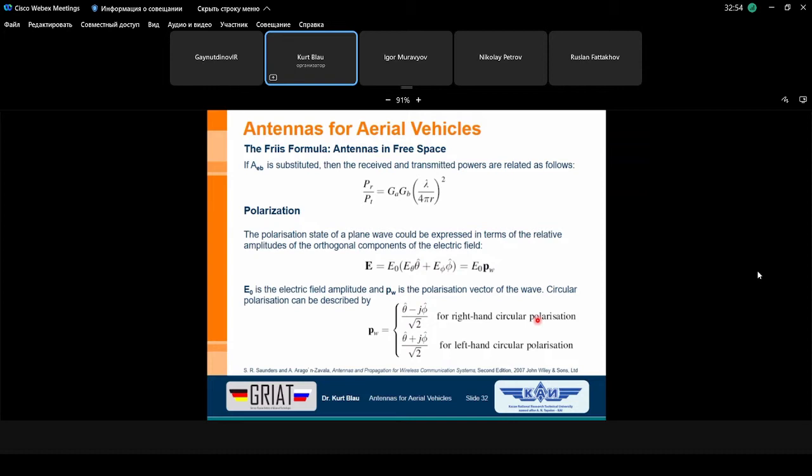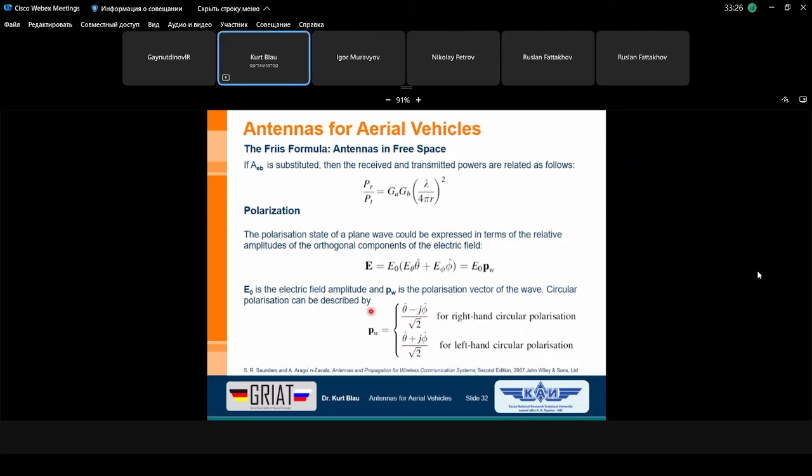And it's clear the complete magnitude of the E field component, if this is set to 1, then the components which are perpendicular to each other, in the theta direction and in the phi direction, can only be the normal vector in both directions, theta and phi, times 1 over square root of 2.